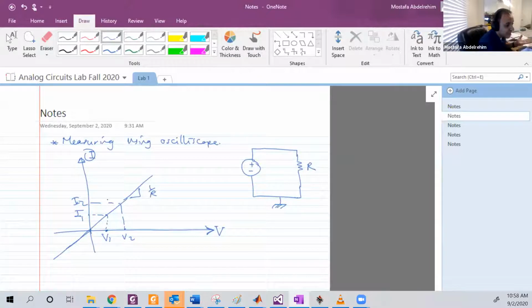For each value of V, we double click, change the value, run again, read the multimeter, the current and the voltages, and draw the curve. It's very tedious to get many points. But the oscilloscope will do that for us.